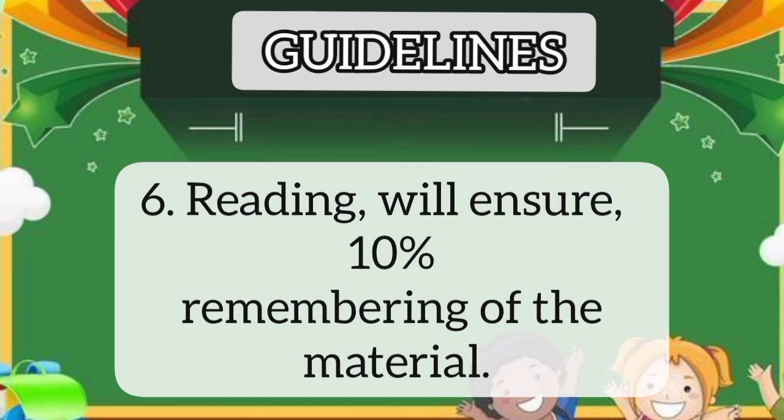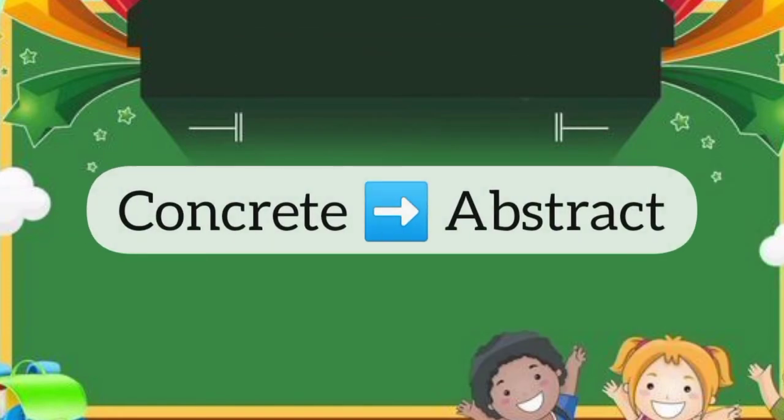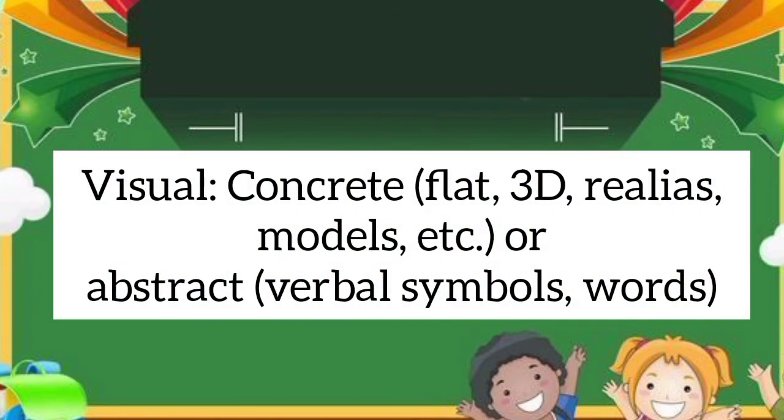Regardless of the amount of remembering, from the concrete to the abstract, each layer contributes to learning and requires instructional support materials. In visual, there are concrete, flat, and three-dimensional materials, realia, modules, and so on; the abstract includes verbal symbols and words.